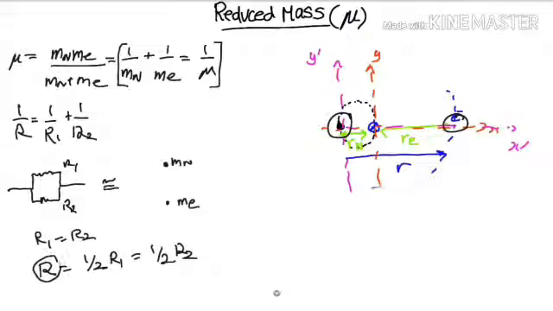So this R is considered as the reduced mass, the combined, the total. This total is reduced. Instead of saying R1 plus R2, or R1 plus R1 to get 2 R1, I'm just saying it is half R1 or half R2. So this is considered to be as being reduced.